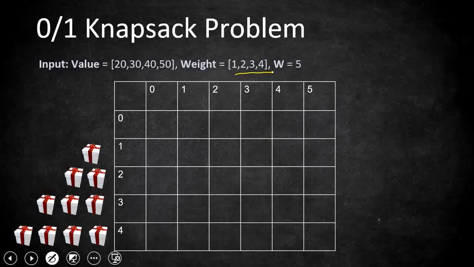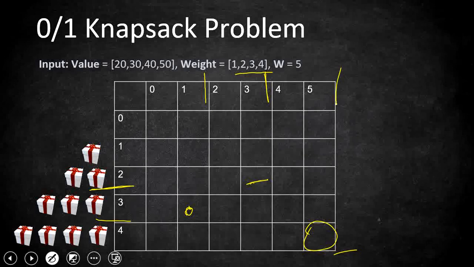That is, if I am sitting in this cell, then this cell represents the solution for considering 2 items and the maximum capacity of the bag is going to be 3. Suppose if I'm sitting in this cell, then it means considering 3 items and the maximum capacity of the bag is going to be 1. Same way, this last cell represents considering all 4 items and the maximum capacity of the bag is going to be 5, which is the actual answer we need.